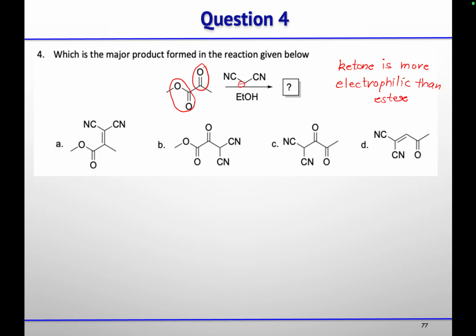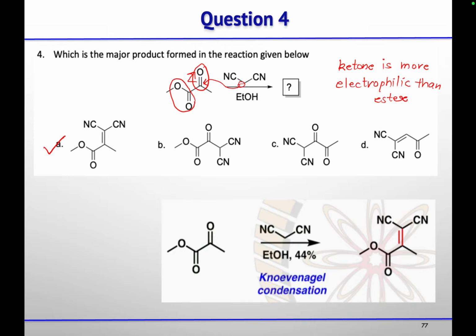So first anion generation will take place. This will react with the ketone to form the alcohol, and then after elimination, you will get the corresponding alkene at that position. So the correct product is option A. This is the Knoevenagel condensation reaction.